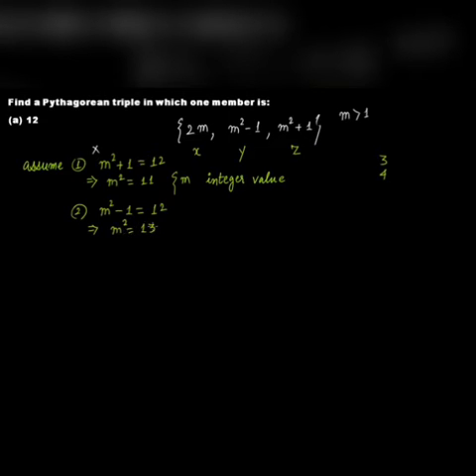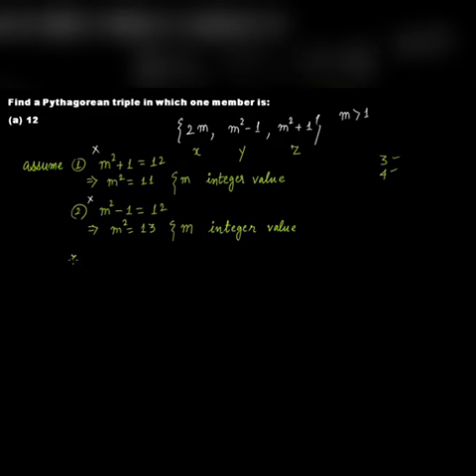You put m is equal to 4, you get 16. That is not equal to 13. It means that with this assumption you'll not get the value of m as an integer value. Okay, it means even this assumption is wrong.